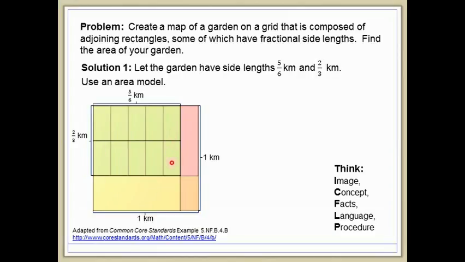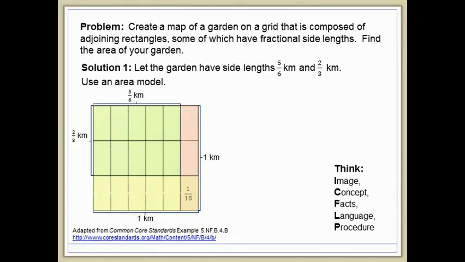So the total number of these pieces is 18 within the whole square kilometer. So these are 18ths, and we can break up the rest of it to show that these pieces are all equally sized, and there are 18 equal sized pieces in the square kilometer, so they're 1/18th of a square kilometer.